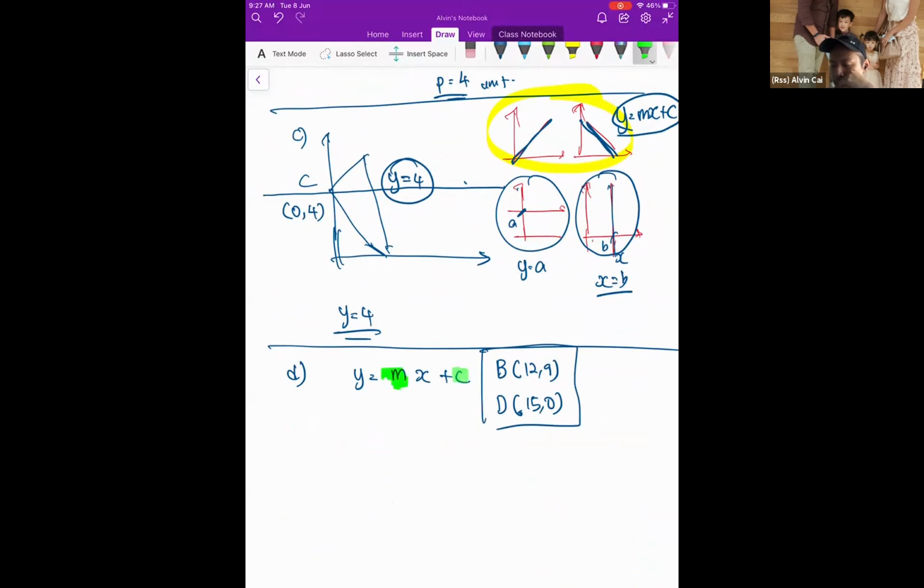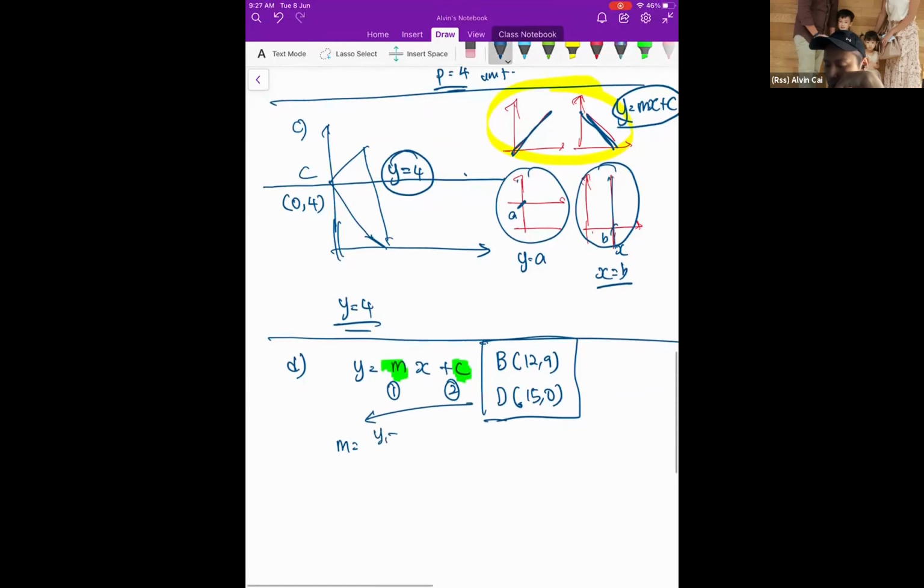Okay, those of you who are still not very clear about coordinate geometry, let me try to highlight it. Whenever we want to find the equation of a line, we need to solve 2 things: the gradient first, followed by c, which is the y-intercept. Just these 2 things that you need to find. So how do you find the gradient? Very straightforward, we know the formula. We have the 2 coordinates here. Just bring in y1 minus y2 over x1 minus x2.